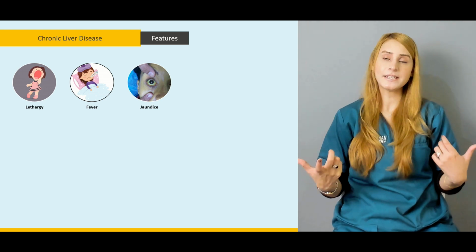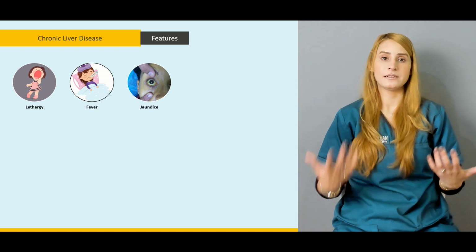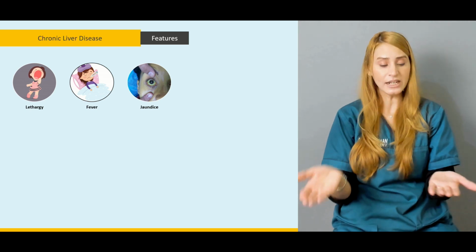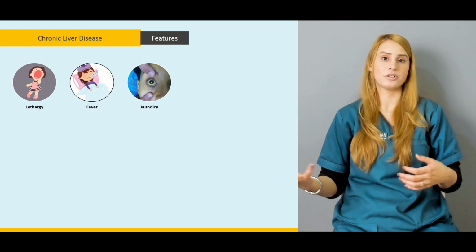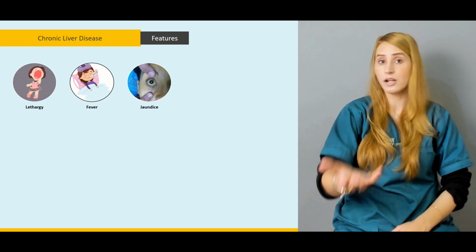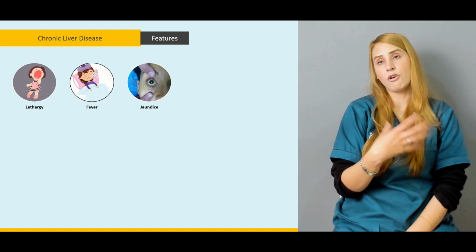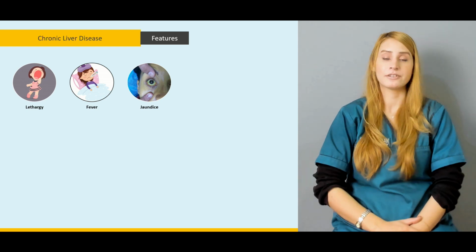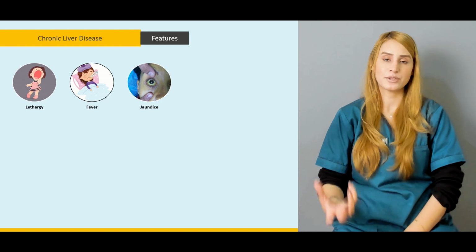Sometimes we divide the jaundice into two causes, right? One can be the obstructive jaundice, and the other can be the non-obstructive. The non-obstructive is like the hemolytic jaundice. So the patients who have chronic liver disease present with a jaundice.